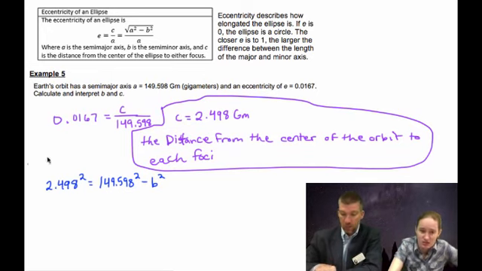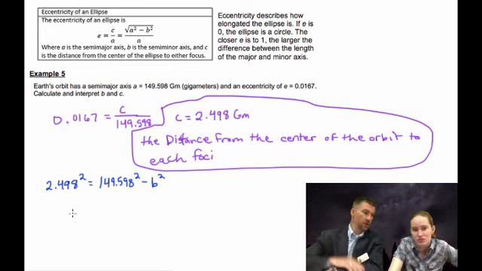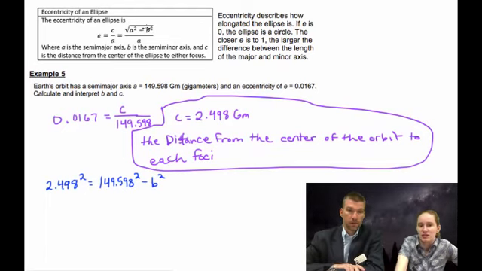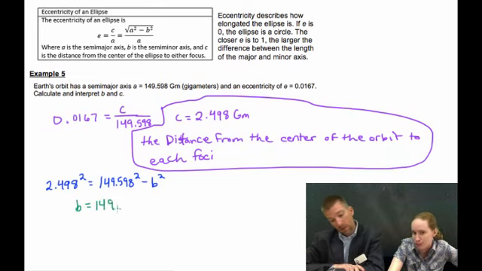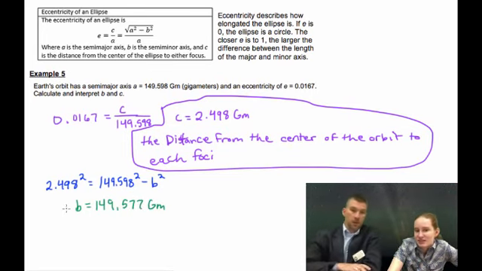I could have just plugged it into this formula as well, c equals square root of a squared minus b squared, but we still would have had to solve. So B is 149.577 gigameters.